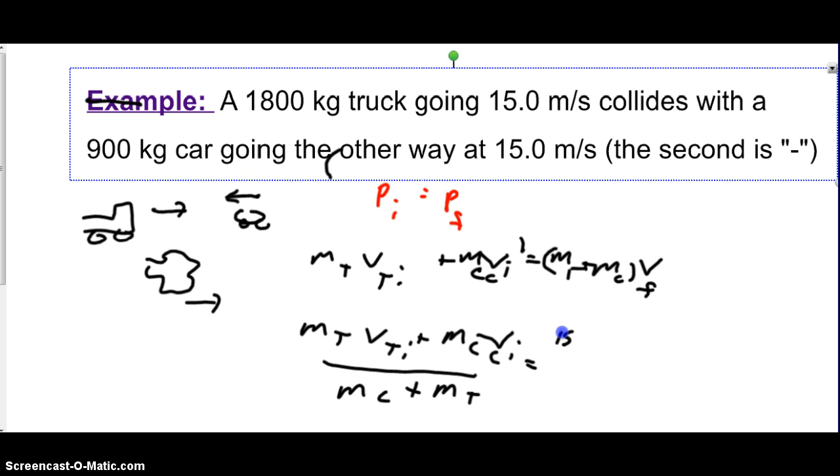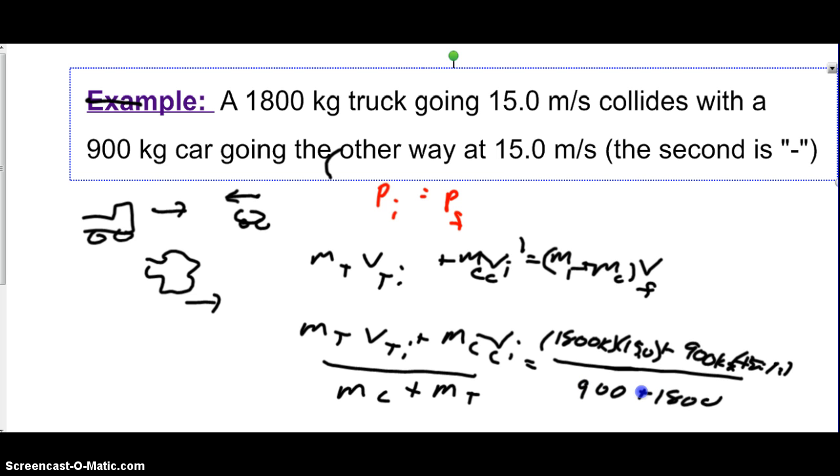You get 1,800 kilograms, this is the truck's part, times 15.0 meters per second, plus 900 kilograms, in this case it's negative 15 meters per second, because it's going the other way, all over 900 plus 1,800.